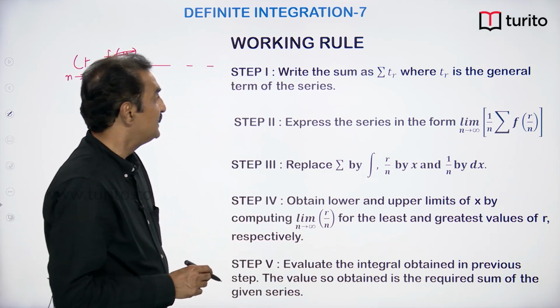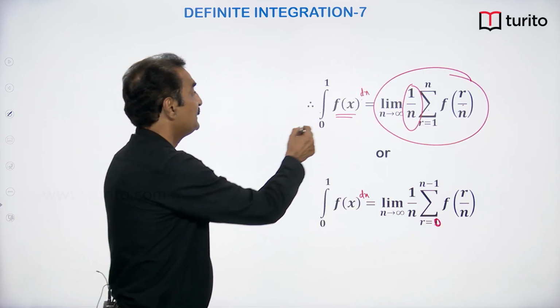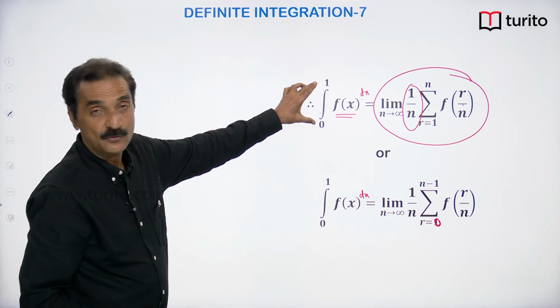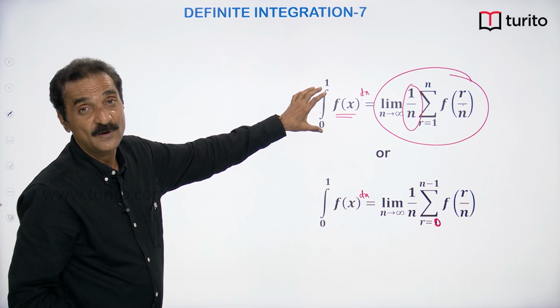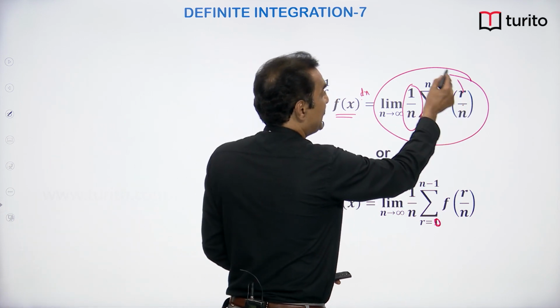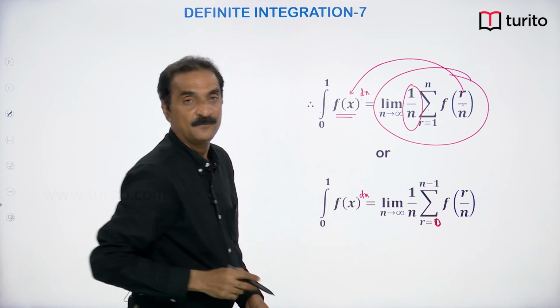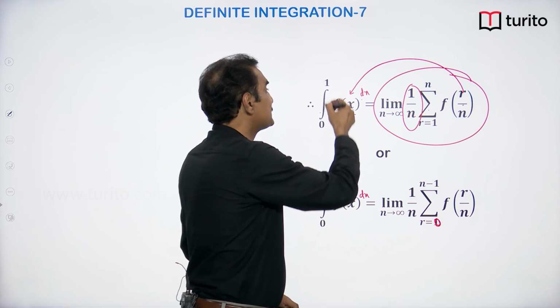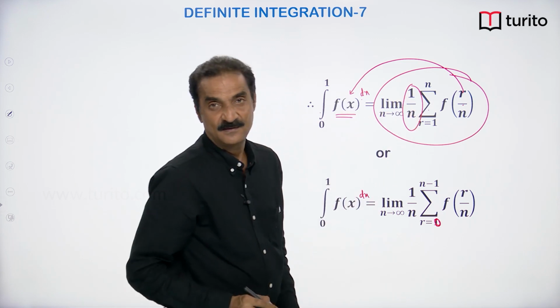After that, we need the limits of the definite integral. The limits in this result are 0 to 1, but they may not be 0 to 1 always. Here r by n has become x. We have replaced r by n by x. So, limits of x are nothing but limits of r by n.